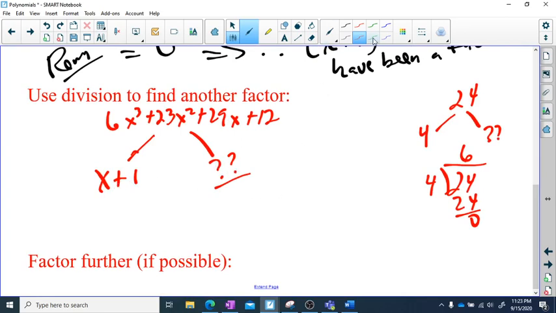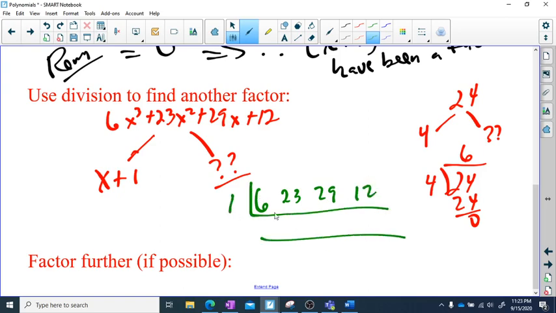I'm going to do it with synthetic division right here. So it's going to be 6, 23, 29, and 12. It's a positive 1. So your 6 comes down. 1 times 6 is 6, giving 17, then 17, then 12, and 12. Remember, this is your remainder. If that doesn't work out to be 0, it's kind of a checkpoint here.